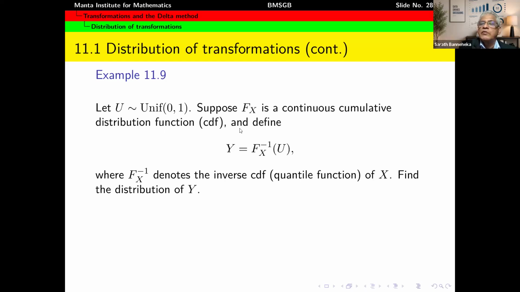For example, if I want to generate data from a Pareto distribution, there's no well-known function written to generate data from a Pareto distribution as far as I know. But using this theorem, we can generate the data from a Pareto distribution because we know its CDF. So that is the importance of this result.